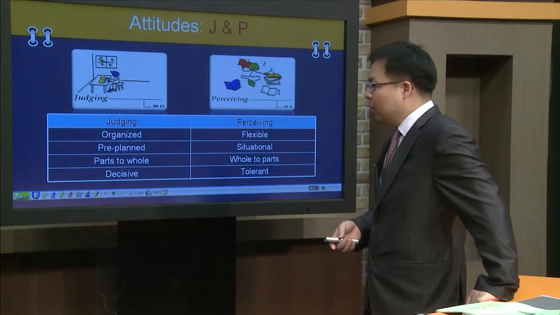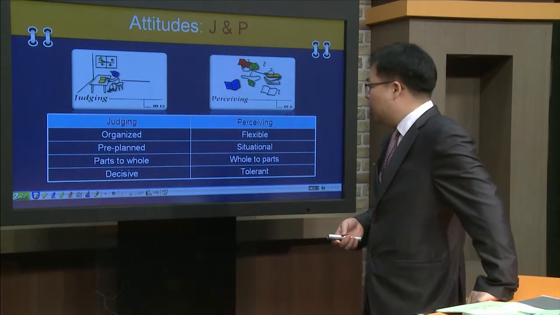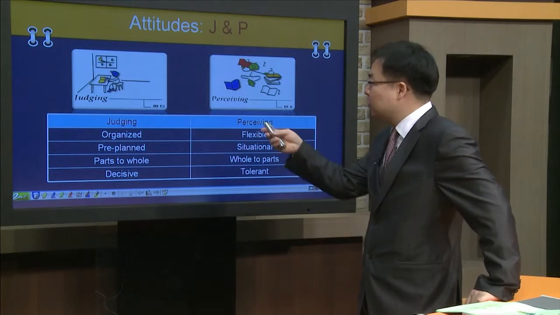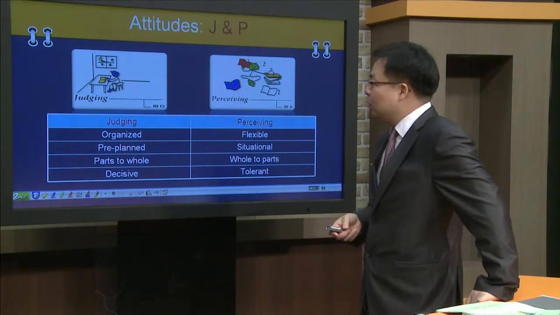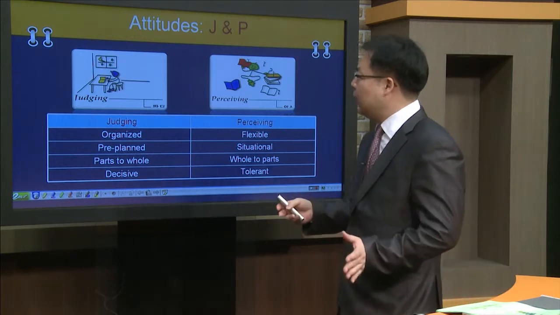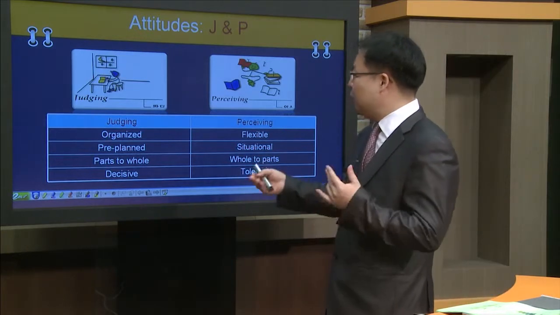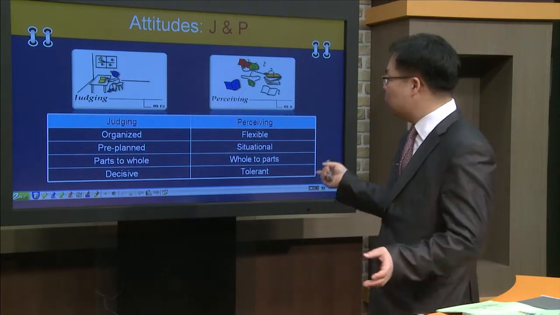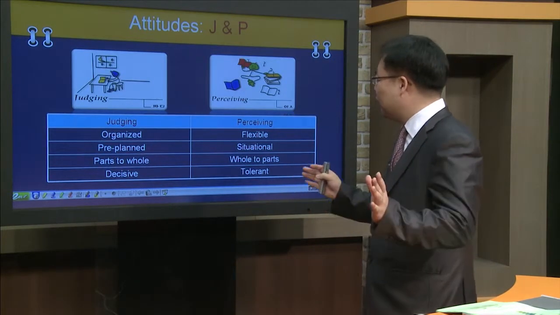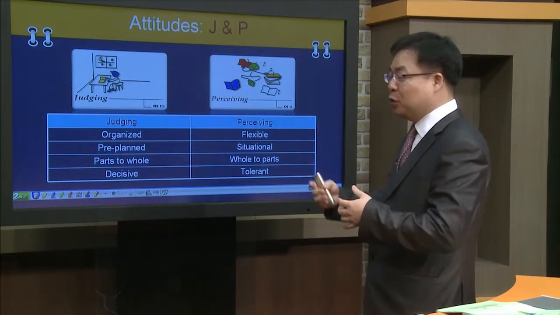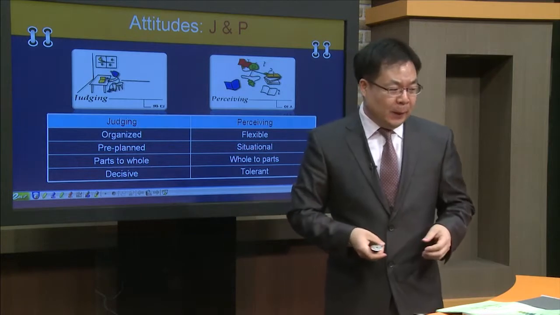However, the perceiving person is pretty flexible, situational, and pretty tolerant. So you look at this, the left picture shows a person in a very organized, very clean room, even studying late at night. However, the right person, the perceiving one, is pretty messed up. It shows a little bit of the negative side, but this person is flexible as well.